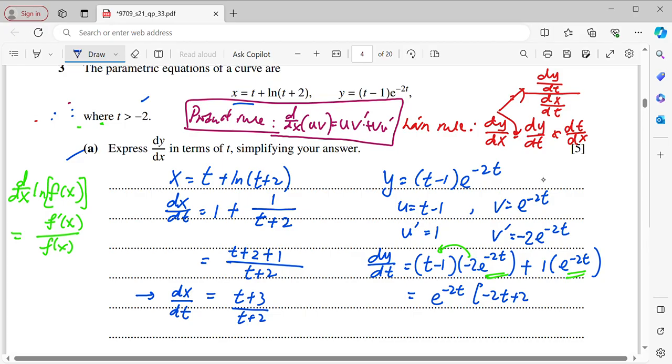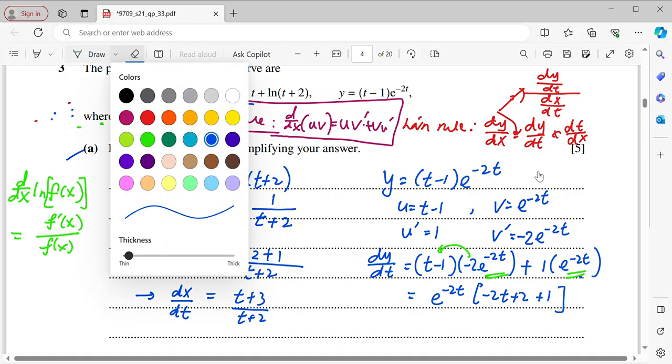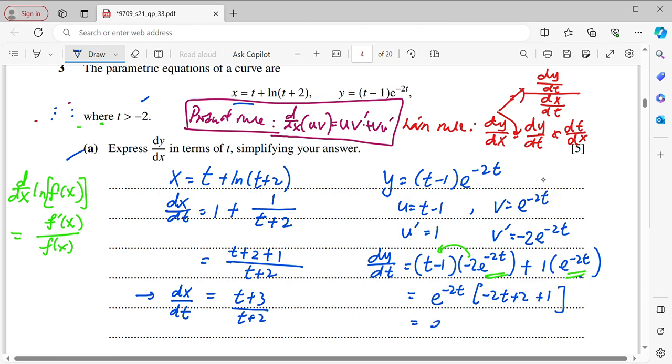And for the second term, once you have factorized the exponential, you still have the plus 1. So here, plus 1. Then simplifying further, you will be getting e to the negative 2t multiplied with (negative 2t plus 3). So that's the dy/dt.